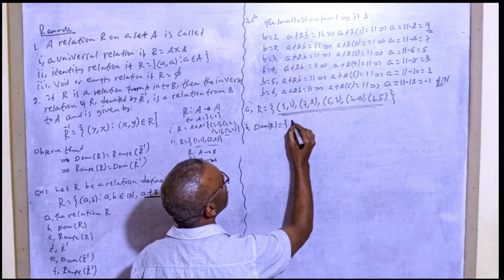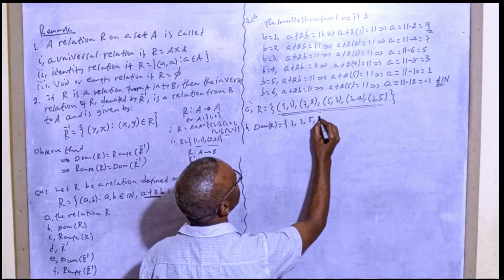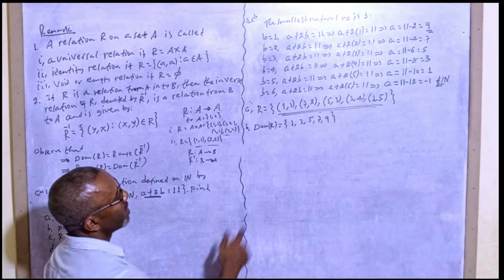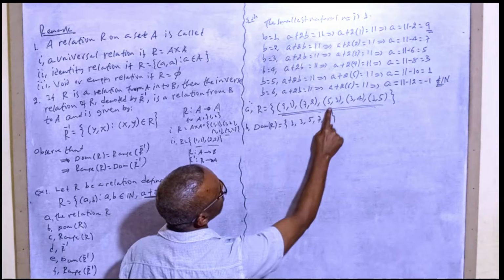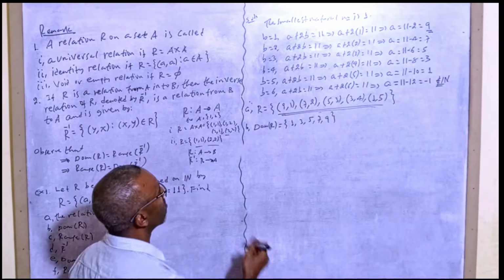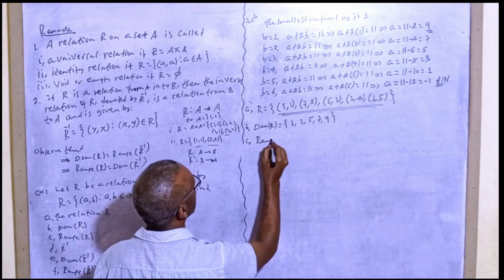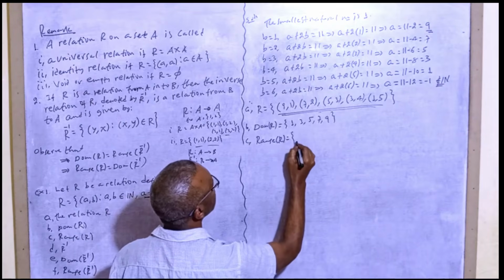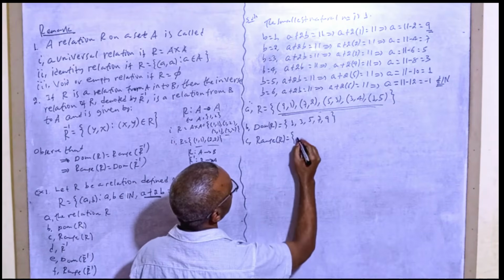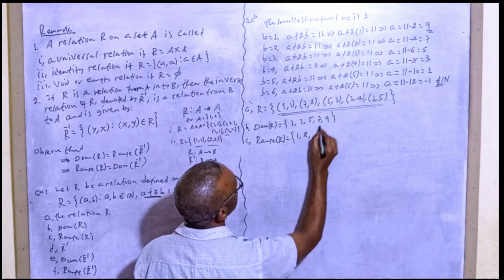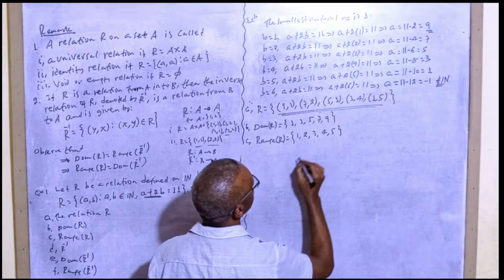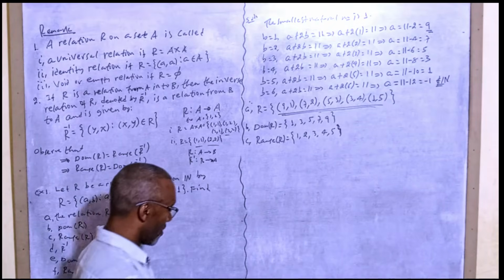Starting from the smallest, 1, 3, 5, 7 and 9 is our domain. Then c, the range of R is equal to the set containing the second coordinates: 1, 2, 3, 4 and 5. This is our range.